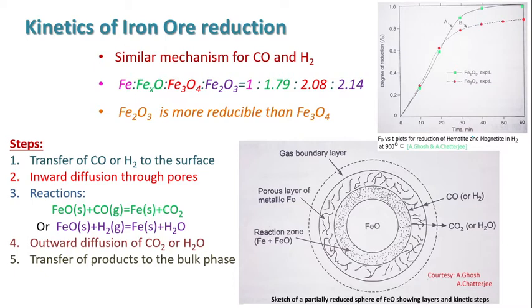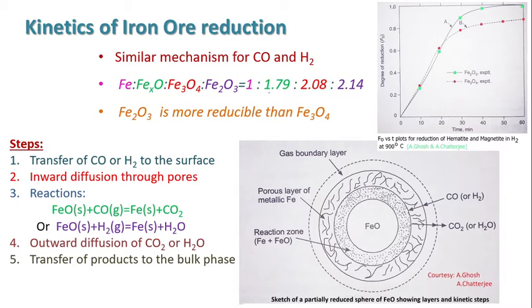endothermic in nature. Okay. Anyhow, if we go for the relative volume per unit mass of iron, then it will be giving 1 is to 1.79 is to 2.08 is to 2.14. That means FeO with comparison to iron, FeO will be 1.79 times volume.